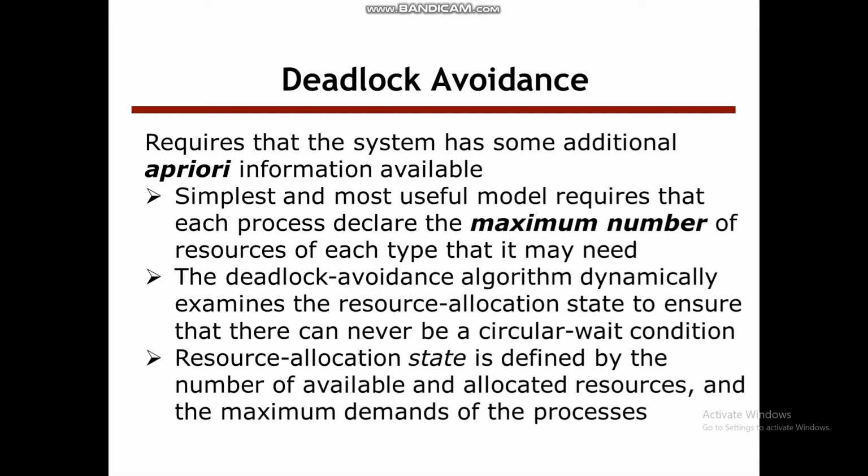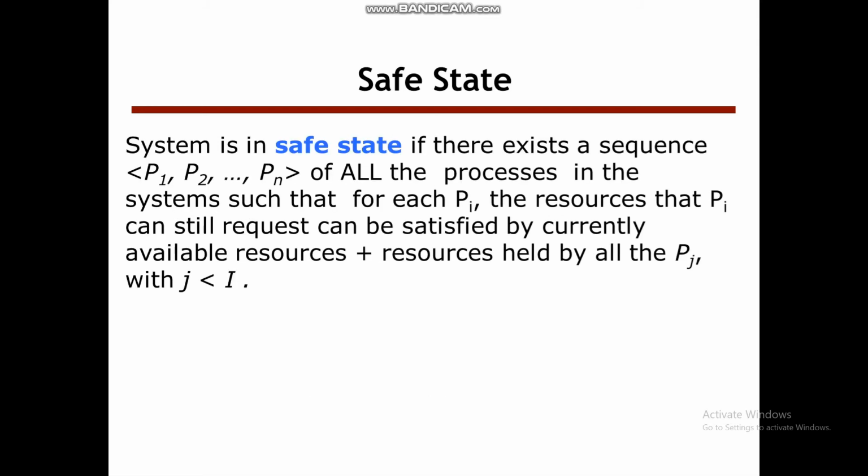And when we are designing deadlock avoidance algorithms, they must dynamically examine the resource allocation state to ensure that there can never be a circular wait condition. When a user requests a set of resources, the system must determine whether the allocation will leave the system in a safe state. We will see what a safe state is.